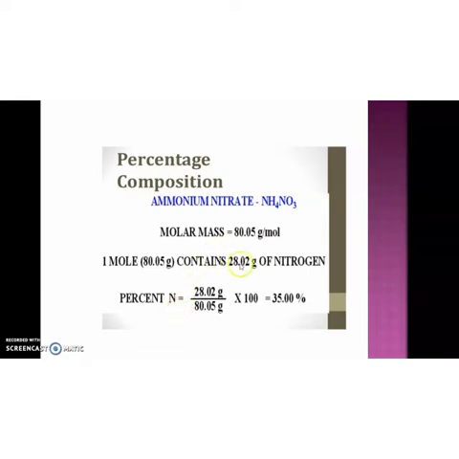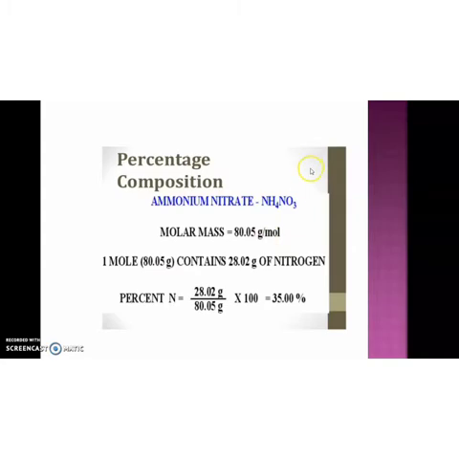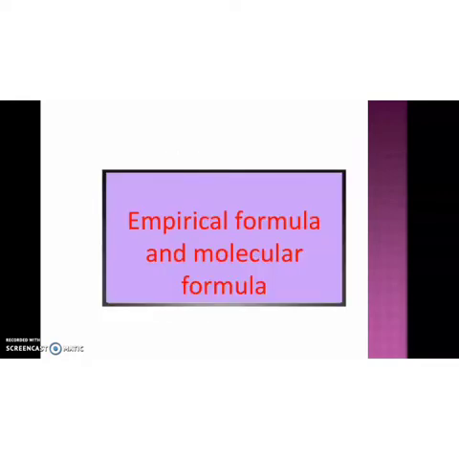Nitrogen has an atomic mass of 14. Since one nitrogen is present, 14 divided by the total molecular mass into 100 is around 82%. So this is the way to calculate the percentage composition.